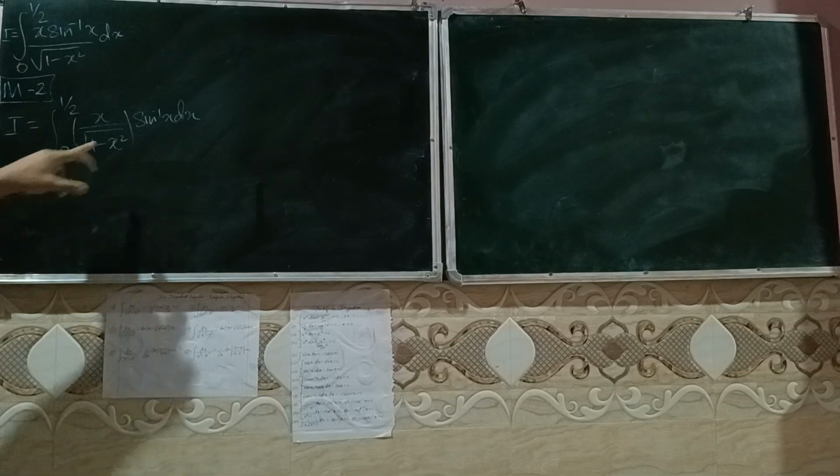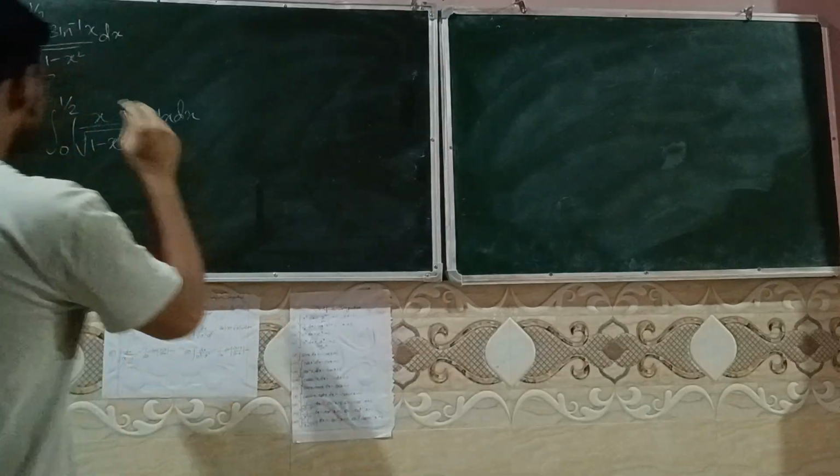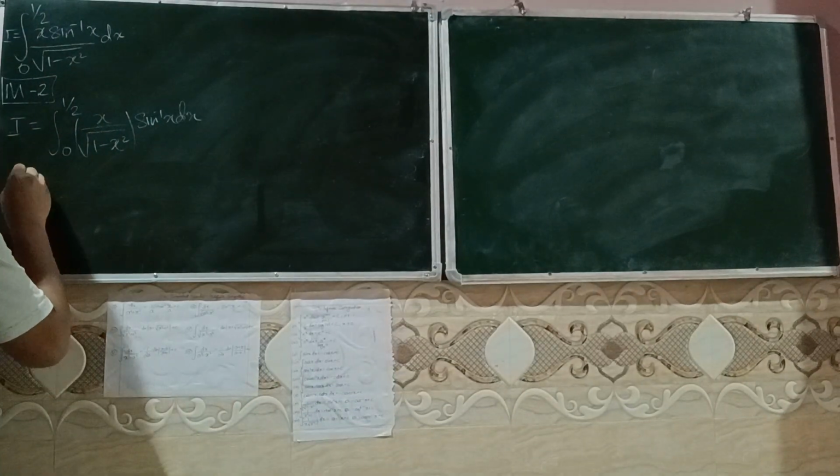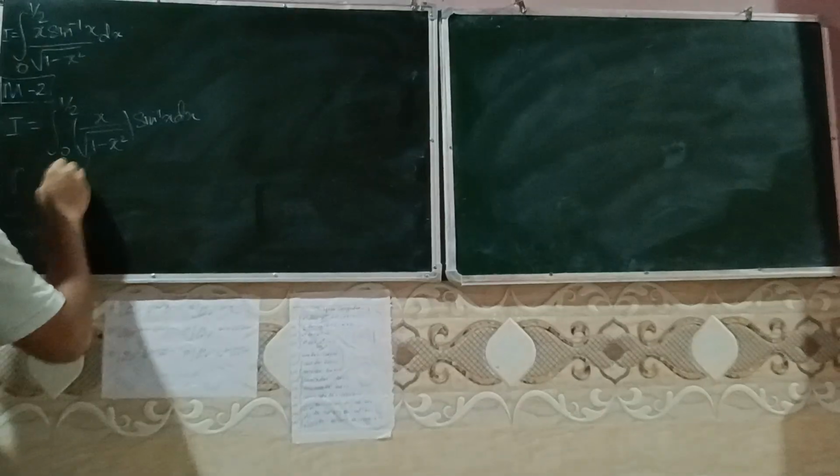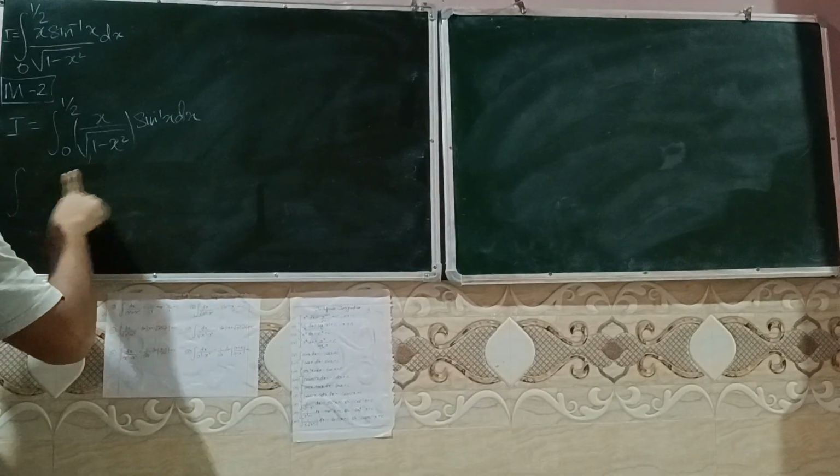Again, you can think that I'm going to use by parts, and this thing should be integrated and this would be differentiated, and this is going to work. Anyway, let's integrate it. So we have the integral, I'm integrating this thing. I don't need to show an arrow for that.